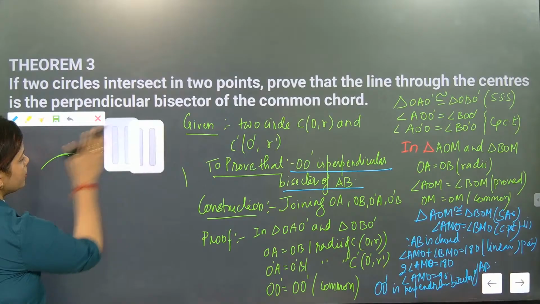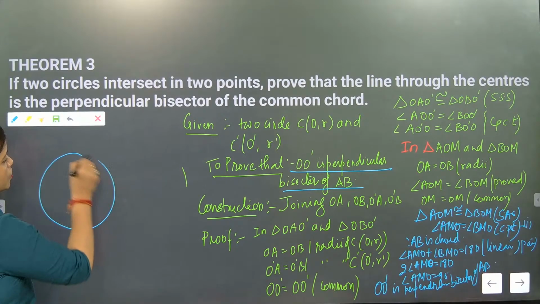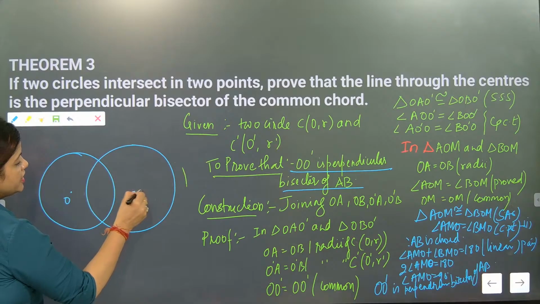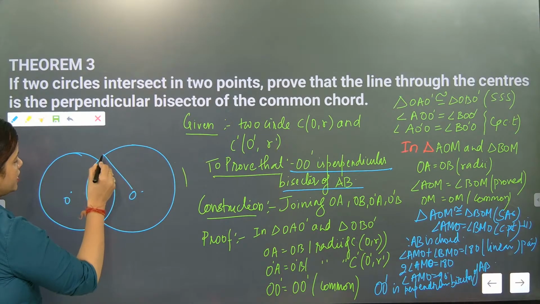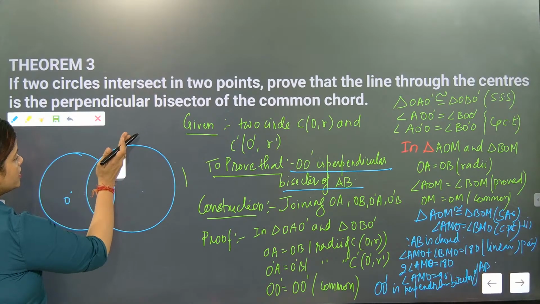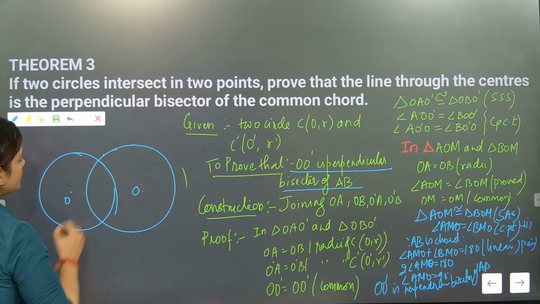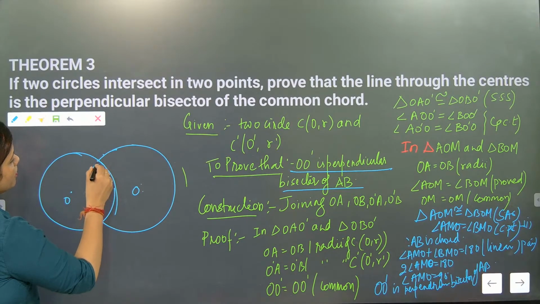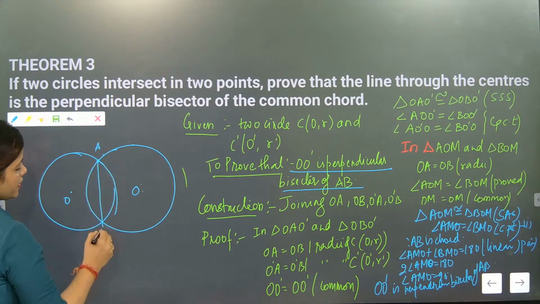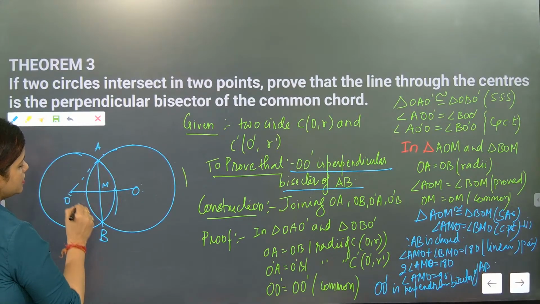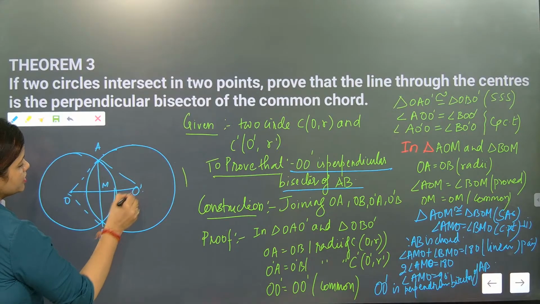So for that, our strategy was we drew two circles, and this center was O, this center was O'. And after that, because we have taken the common points A and B, and this intersected at M, we joined this one, O', and we joined this one.